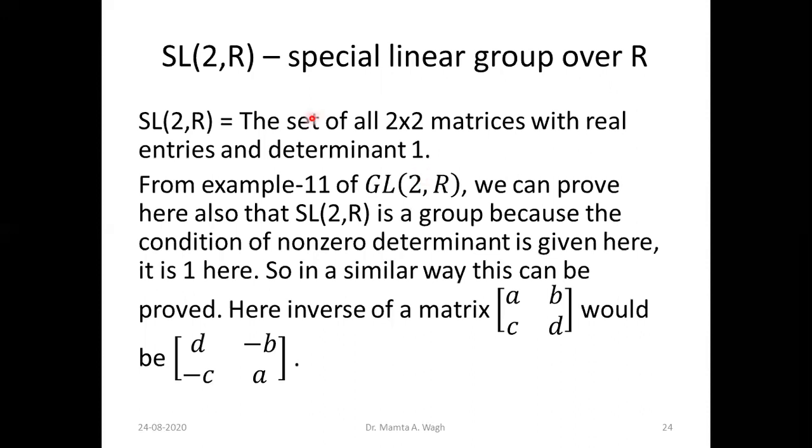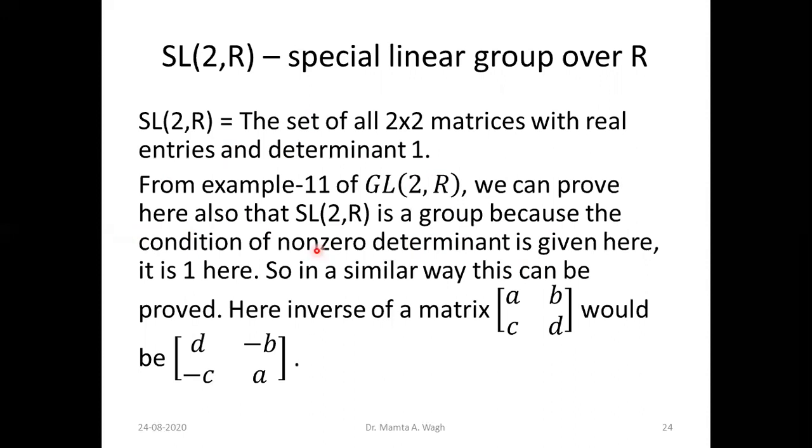So here the determinant is 1. So this set is denoted by SL2R, and this is basically a subset of GL2R. So from example 11 of GL2R, we can prove here also that SL2R is a group because the condition of non-zero determinant is given here.